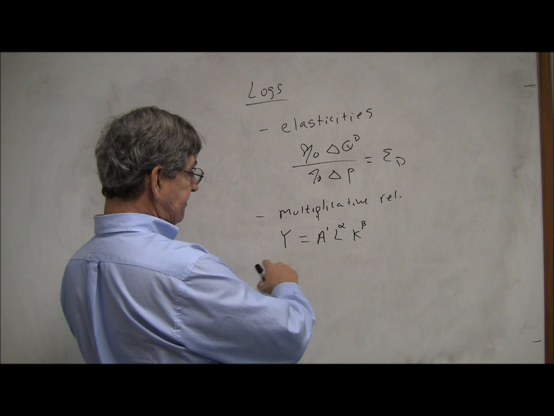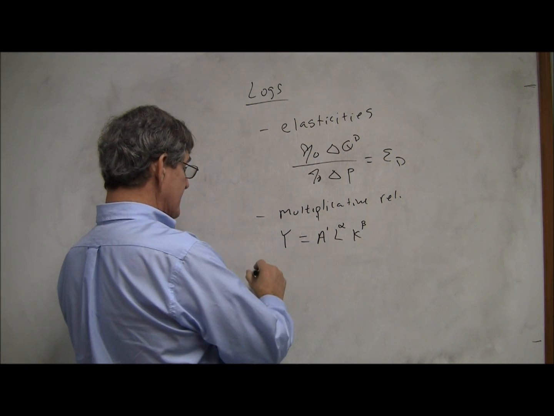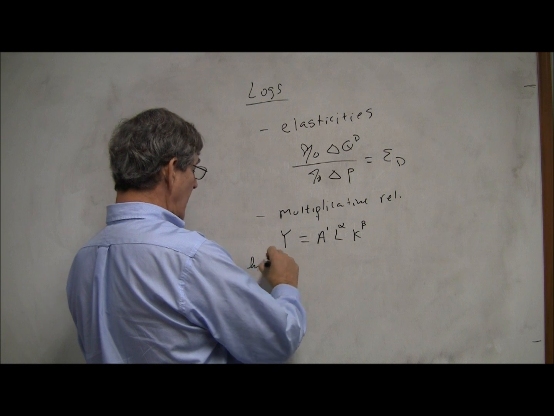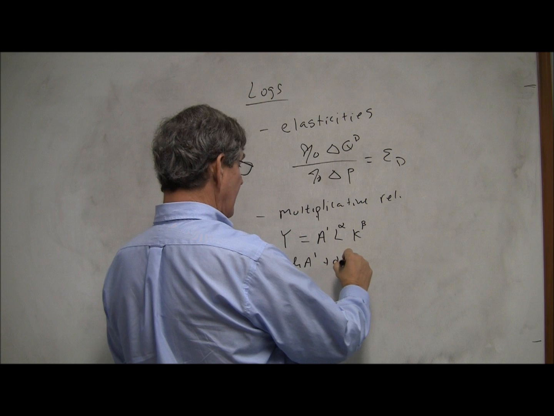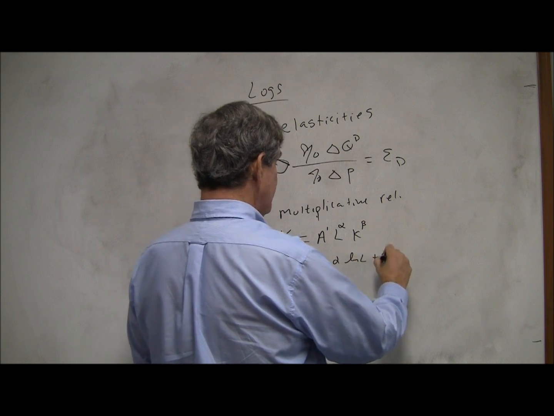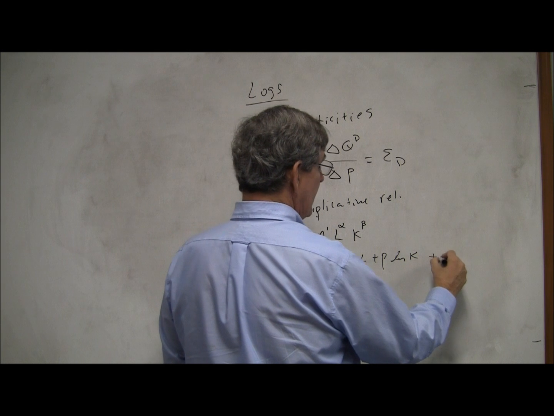This is a nonlinear model. We can't estimate this with the stuff we've used. But if I take the log of y, that's the log of a prime plus alpha log L plus beta log K. And we can throw in an error.